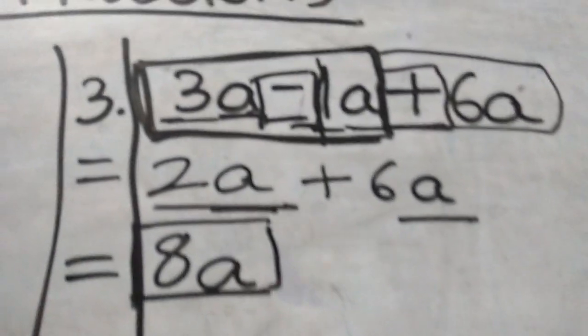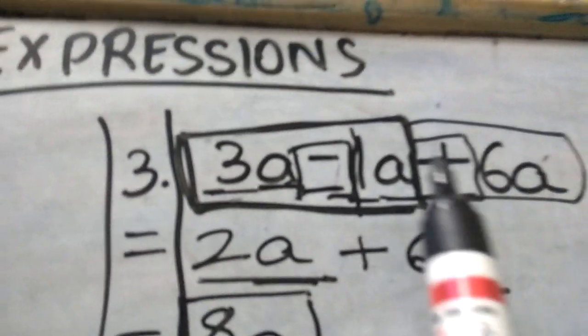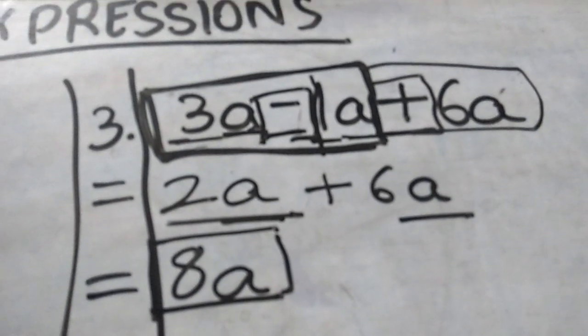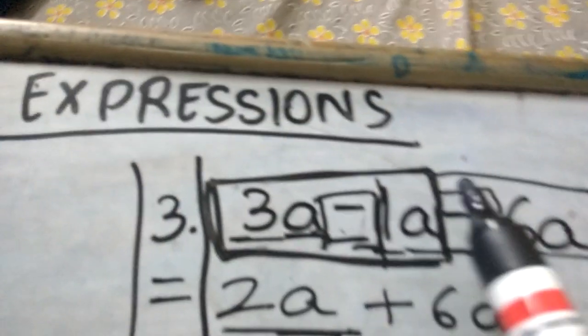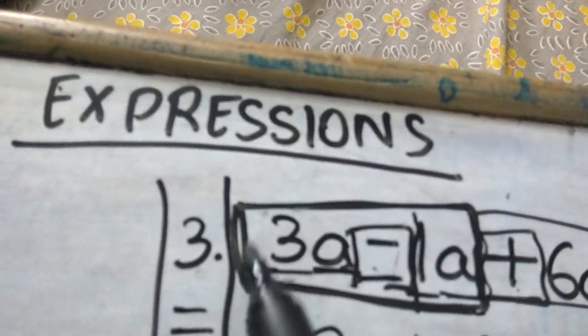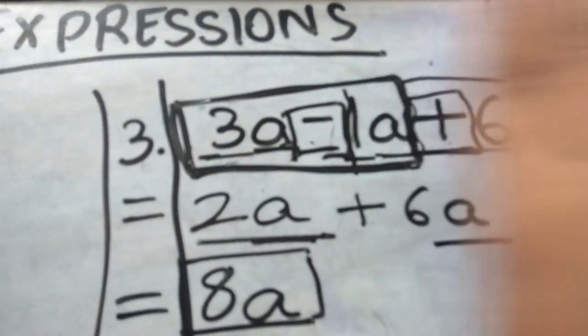Let me repeat what we just did. Here we had the sum 3a minus 1a plus 6a. We divided the sum into two parts to make it simpler for us because we had two different constants. So we divided the sum like 3a minus 1a and we kept the 6a away.